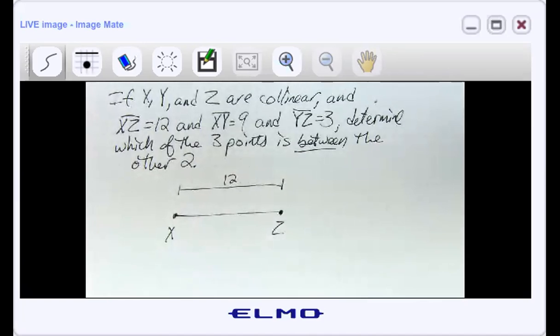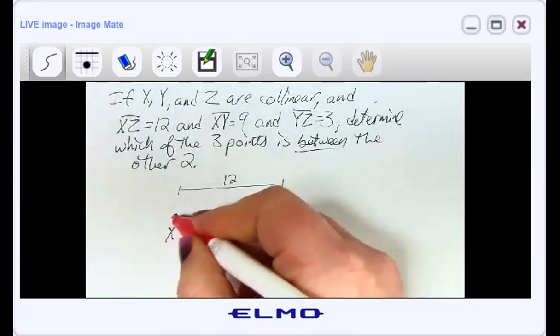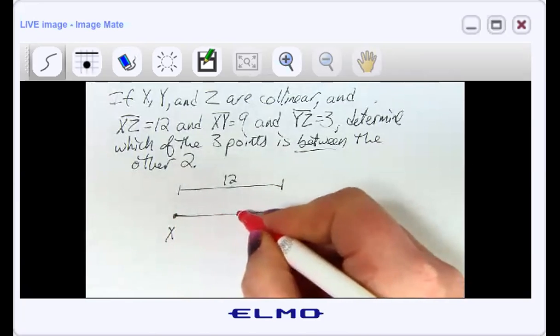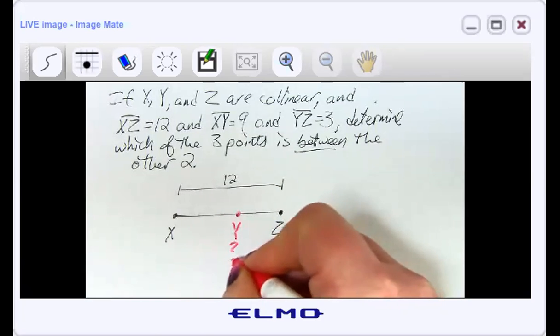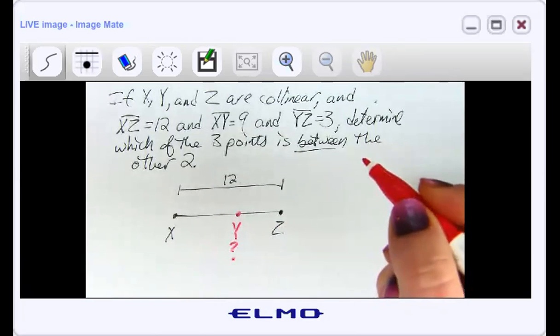Now it's telling me that XY is 9. So please watch this because this is where things can get a little weird, right? XY. So XY could be, maybe Y is right about here. I'm going to put a question mark because I don't know if it's there. But that's a possibility.